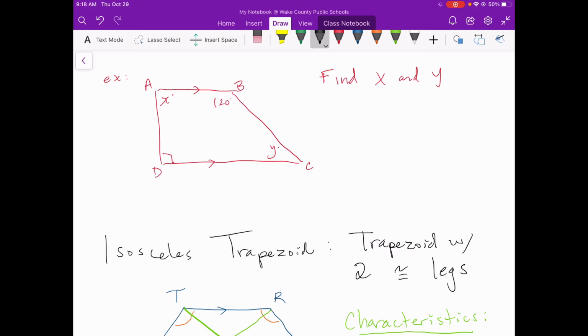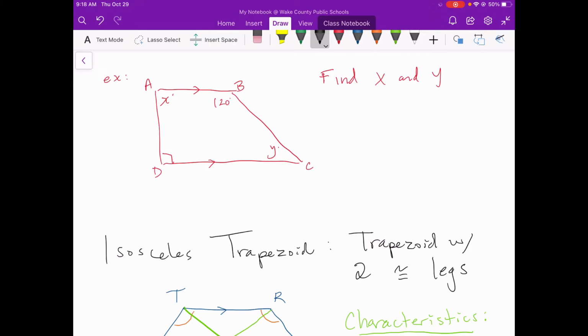Because we only have one pair of parallel sides, we can't talk about 120 and x being same side interior angles and being supplementary. That's not going to happen because AD and BC are not parallel. But x and this right angle, angle A and angle D, those are same side interior angles because those lines AB and DC are parallel.